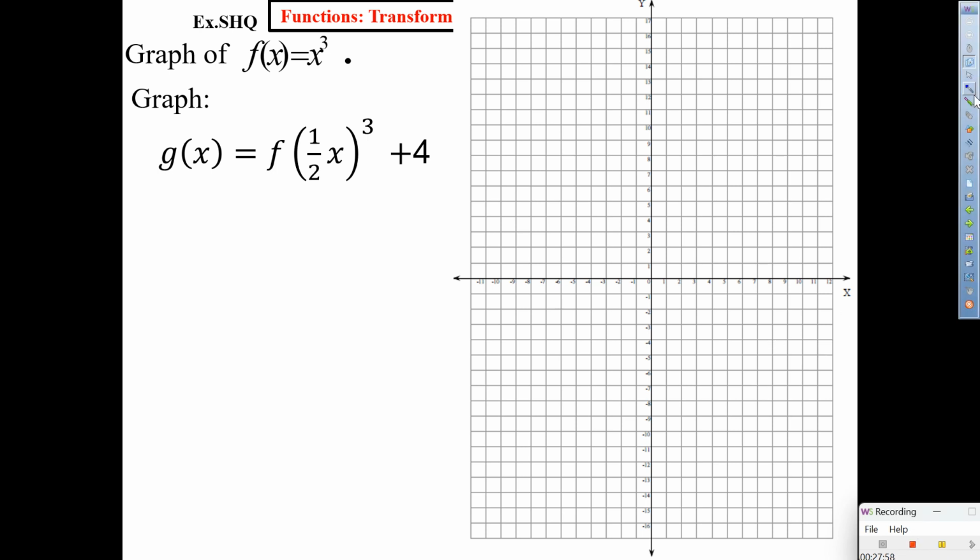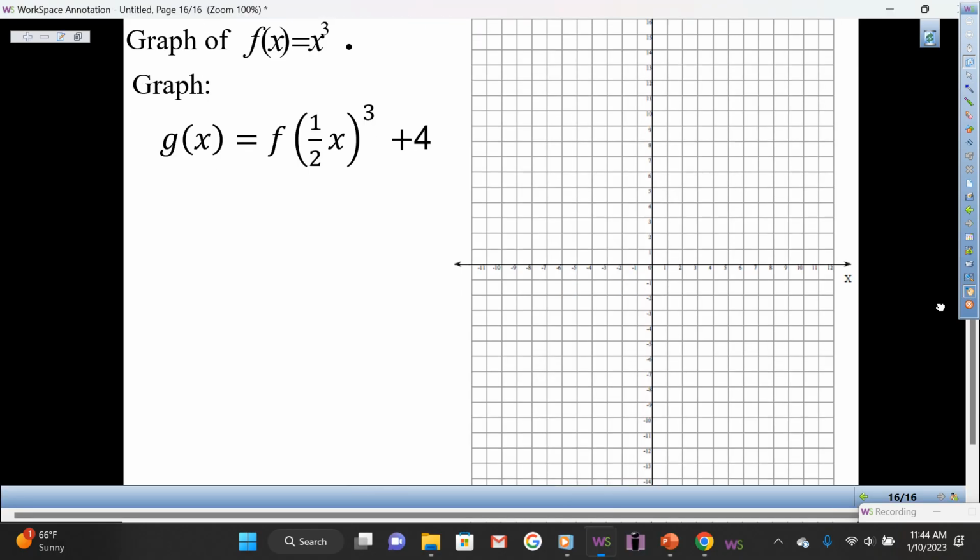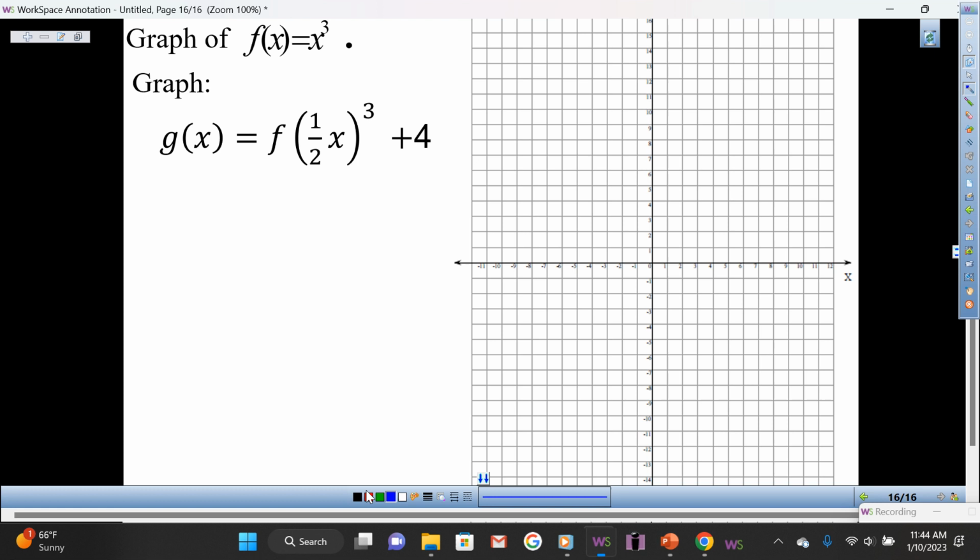All right. So, graphing f of x equals x cubed: -2, -8, -1, -1, 0, 0, 1, 1, 2, 8.